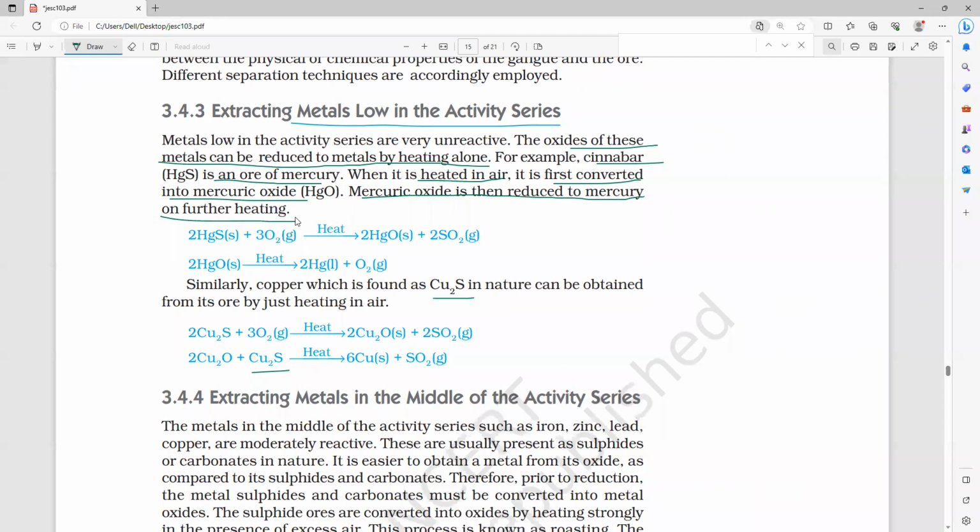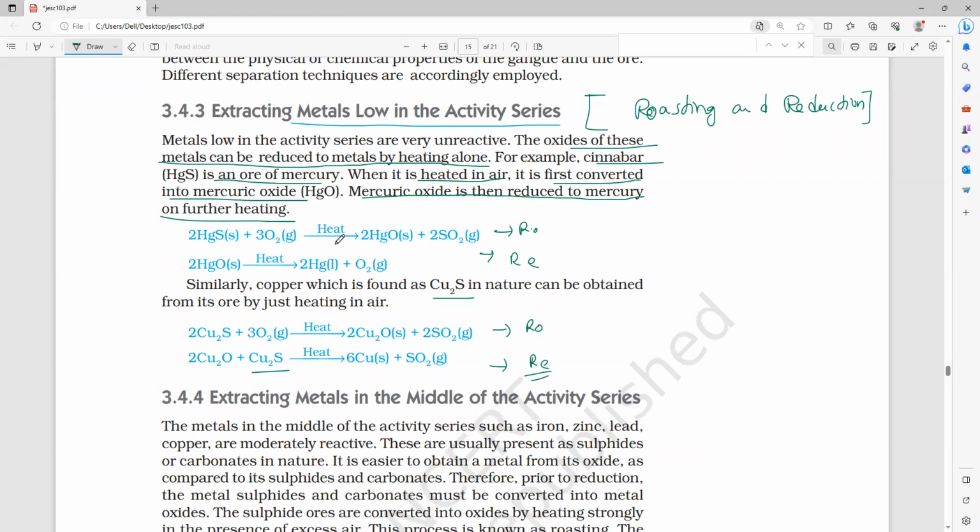This first step is called roasting, and what is the second step? Reduction. So this is roasting and this is reduction. Very, very important.